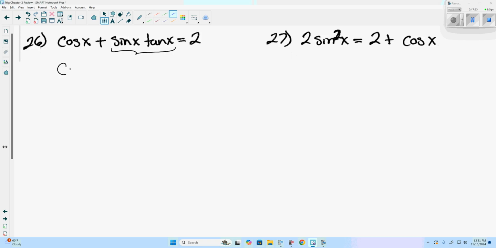But, all right, guys, let's focus in. Tangent can be rewritten in terms of sine and cosine. And tangent's what? Sine over cosine.